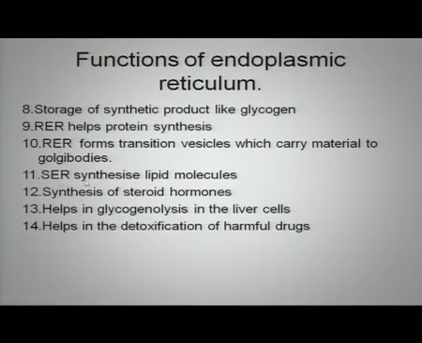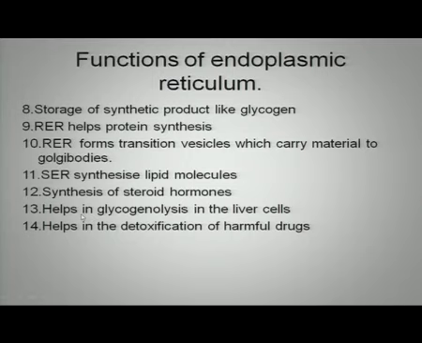Smooth endoplasmic reticulum, since they lack ribosomes, helps in the synthesis of non-proteinaceous molecules, mainly lipid molecules. They are involved in the synthesis of some hormones, mainly the steroid hormones.